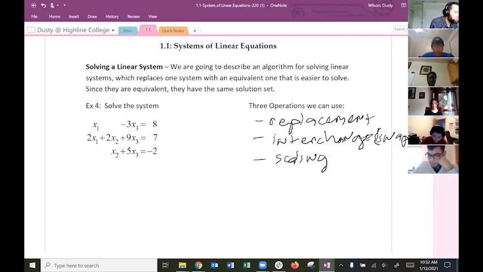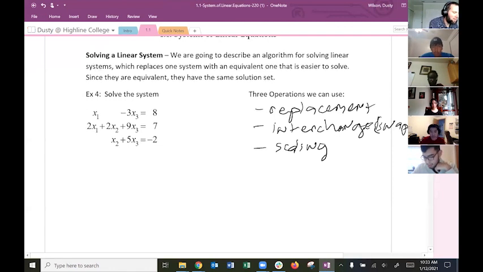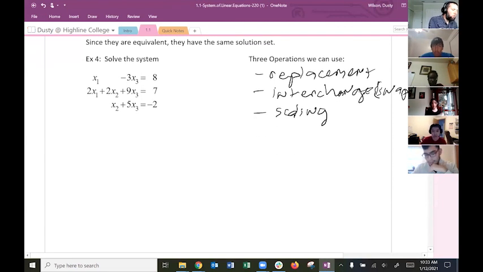a system. And so let's start by trying to do this the old-fashioned way, like the way you learned back in high school or beginning algebra, something like that. So what I would like to do first is a replacement step. So I'm going to do a replacement.